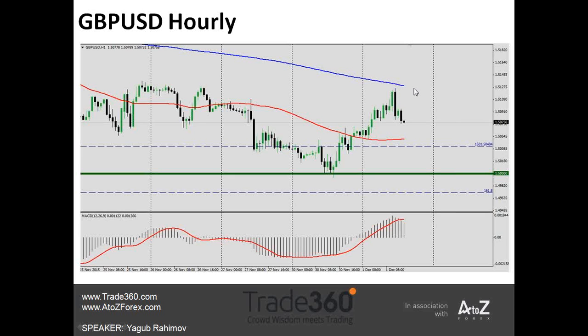So we have a sideways development, and I'll be looking for bullish opportunities above the 200-hour moving average. I just keep saying Fibonacci for some reason. So we would be looking for the cable to break above the 1.5135 zone in order for us to consider any further bullish opportunities.